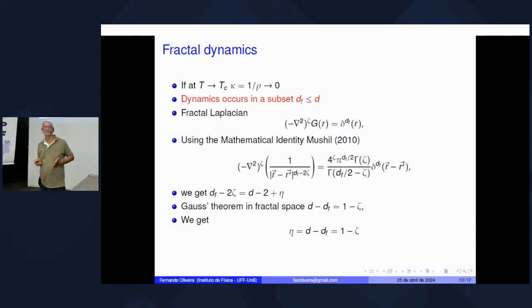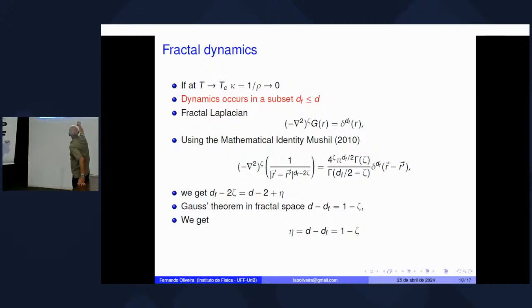Because fractal dynamics is something that has been developing in the last 50 years. Just to give some idea, the concept of fractal vector calculus has been developed in the last 20 years. You have the fractal derivative for maybe 50 years or more. But fractal vector calculus, like Gauss theorem and things like that, the Laplacian and so on, has been developed in the last few years. For example, this guy here is a mathematician, Mazzolin.